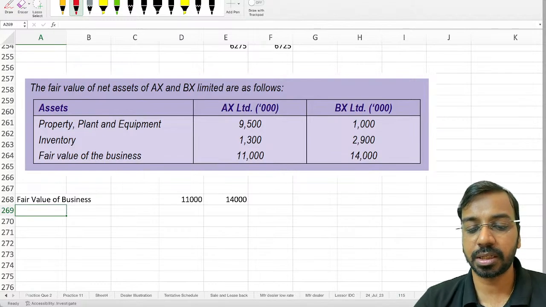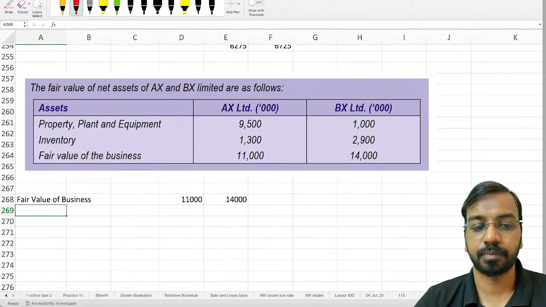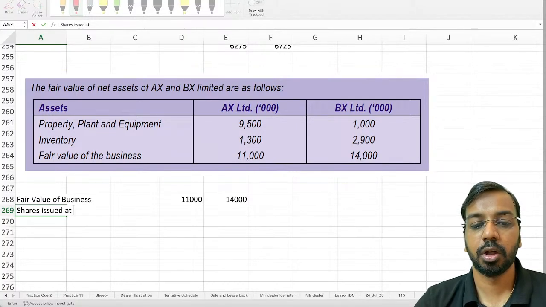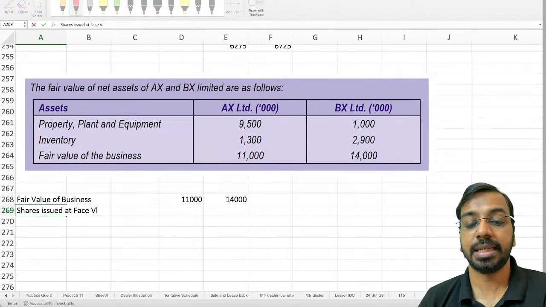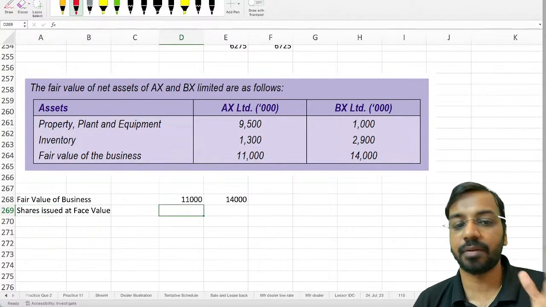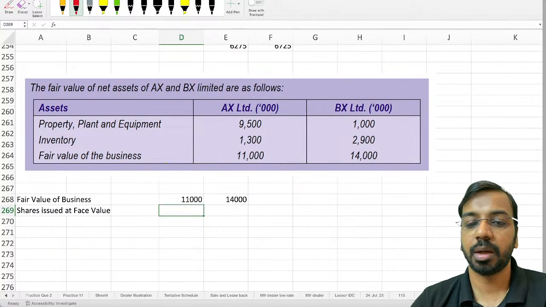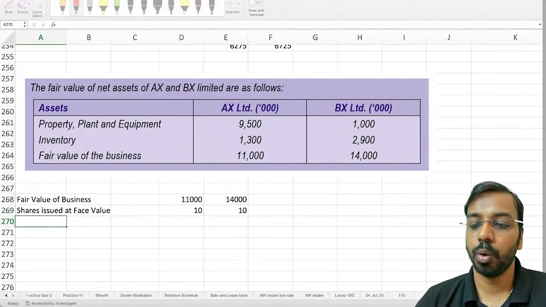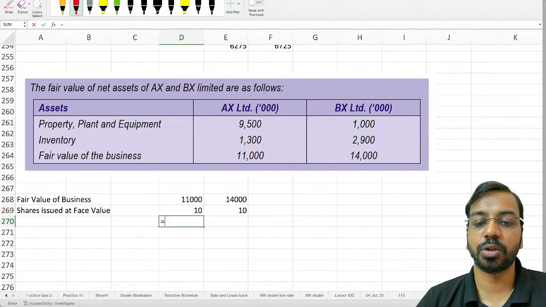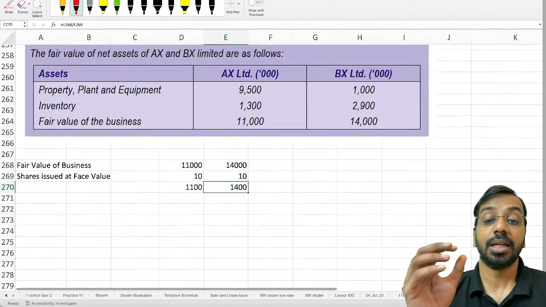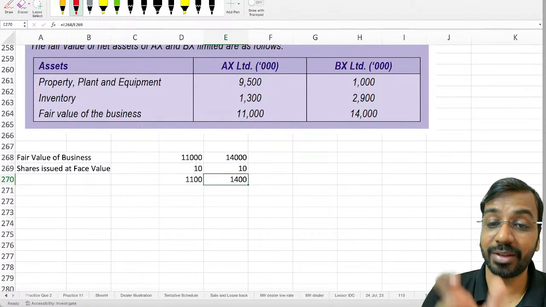So when you issue shares, the number of shares that you will be issuing: here in this question, it is at face value. In other cases, it can be at any other value as well, right? So here, the face value is 10. So the number of shares that you will be issuing is 11,000 by 10, 1,100, and 1,400. Please understand, the total value of business of AX is 11,000.